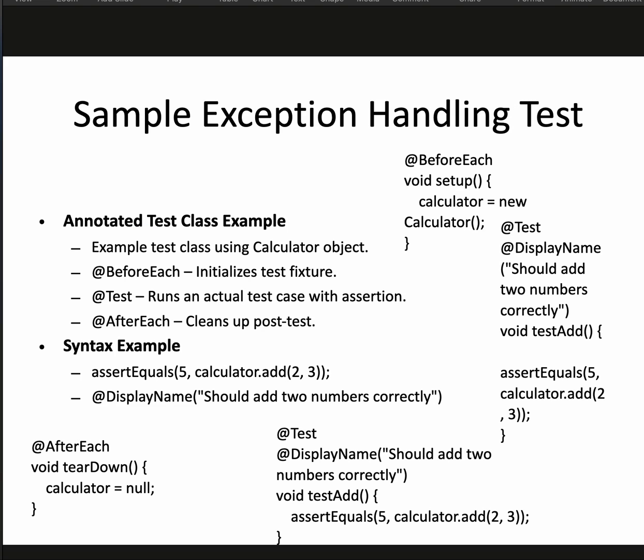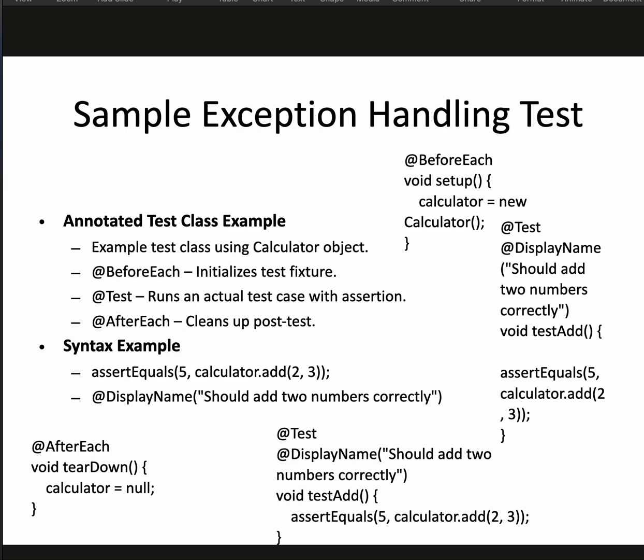Now that we understand how to test for exceptions in theory, let's look at a practical example. We're going to walk through the sample test class that uses a calculator object. First, we use @BeforeEach to initialize the calculator before each test.